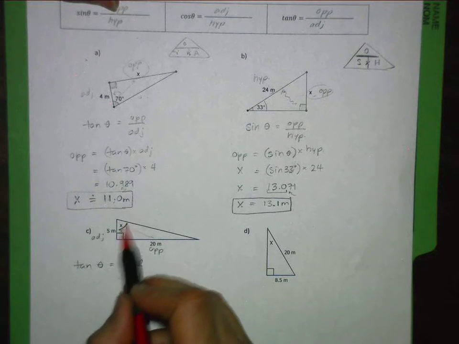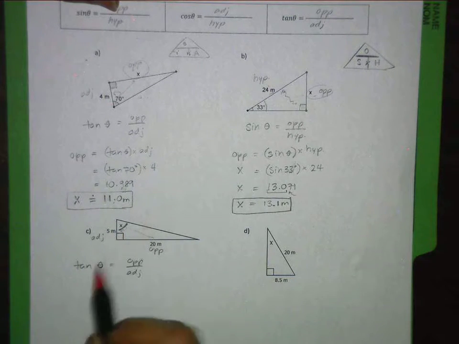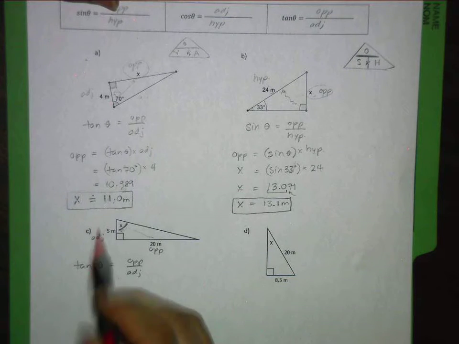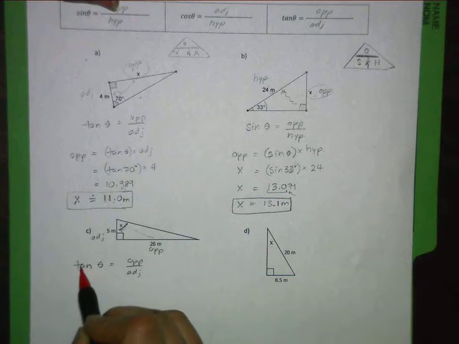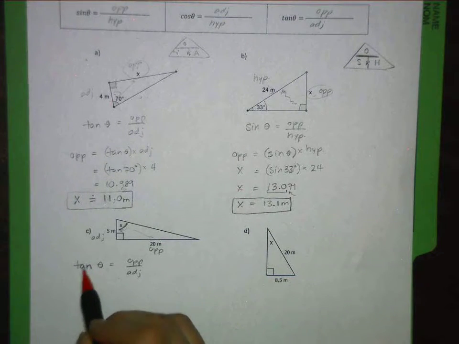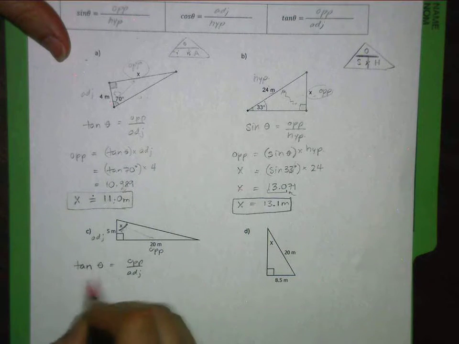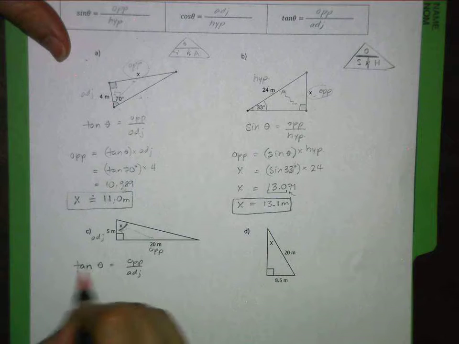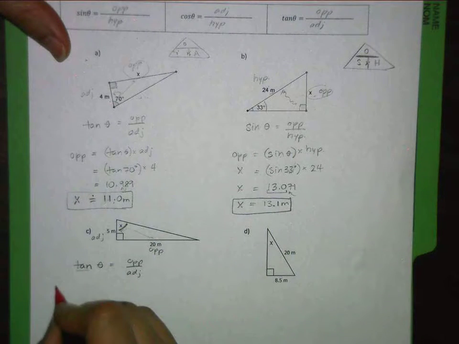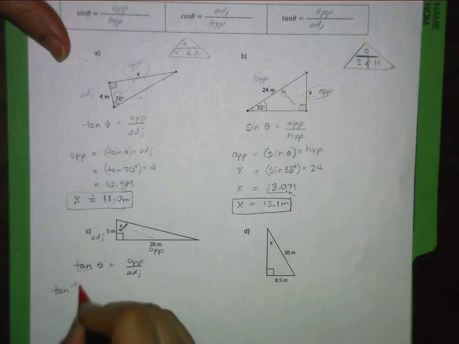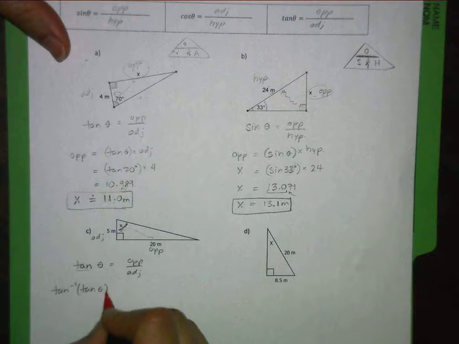This time I'm solving for the angle. So that means when I'm solving for the angle, I need to use the inverse function of the tangent. We're not rearranging the equation, we're just trying to get rid of this. The way we get rid of that is do the tan inverse of tan theta.